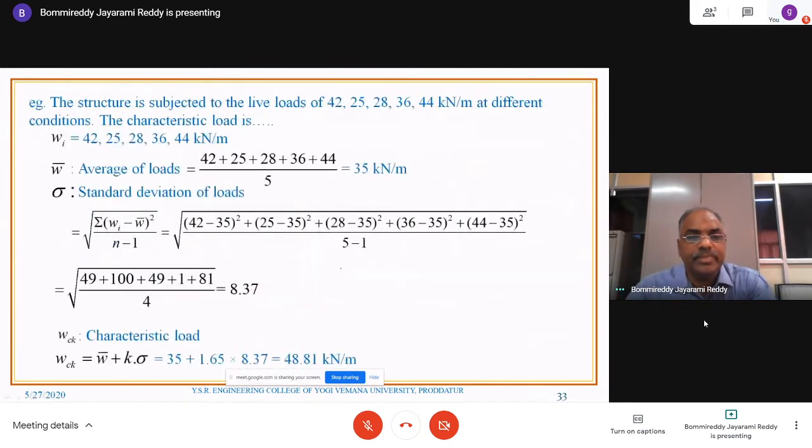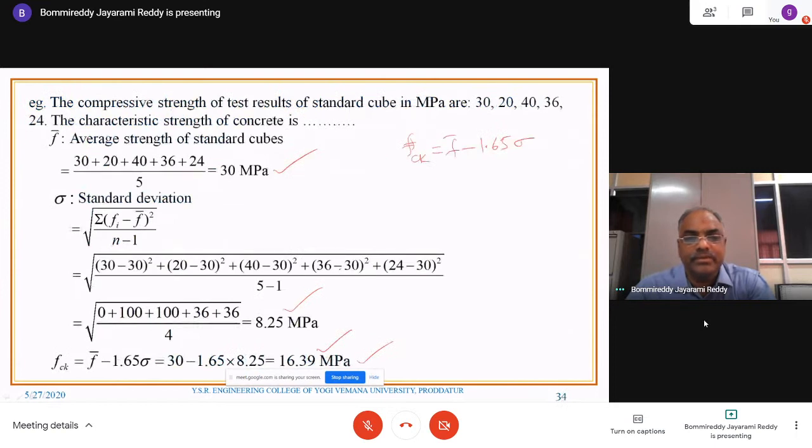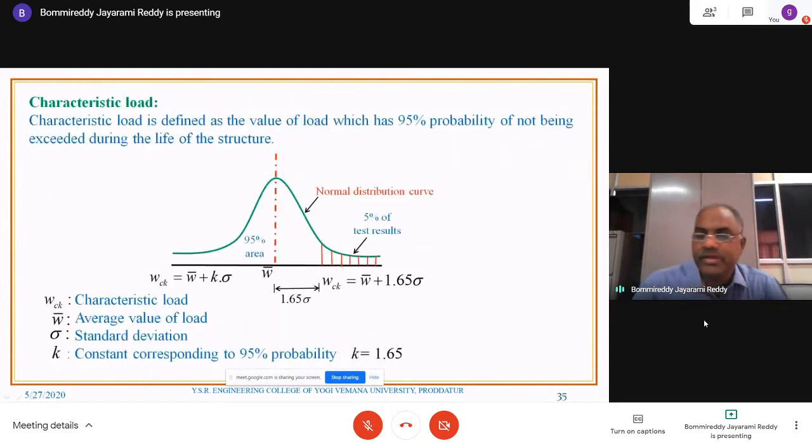Now let's go for characteristic load. Previously, characteristic strength: for materials, steel and also concrete, we are giving more factor of safety by taking the lower limit of 5%.